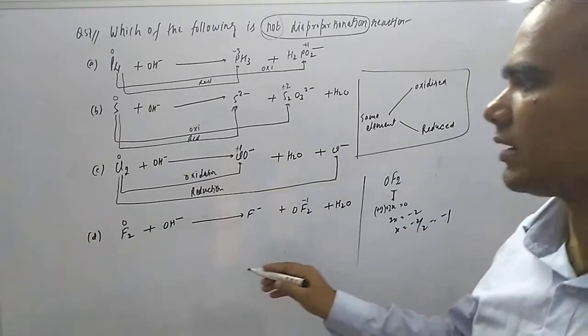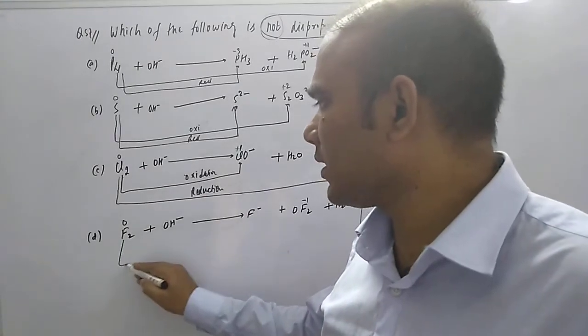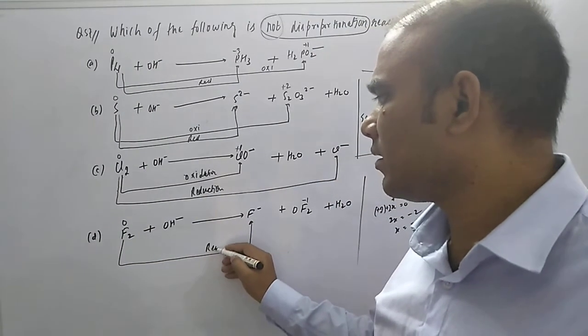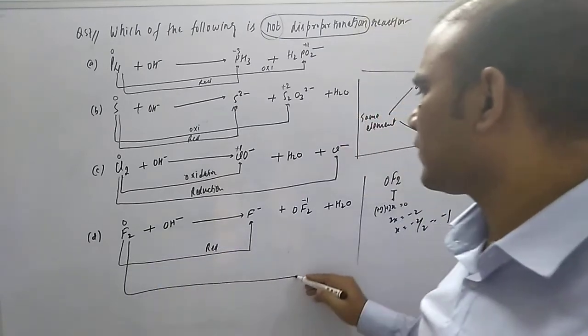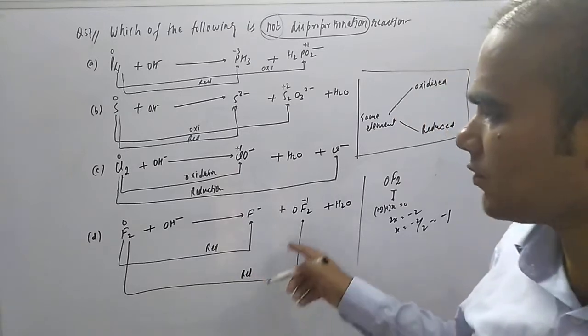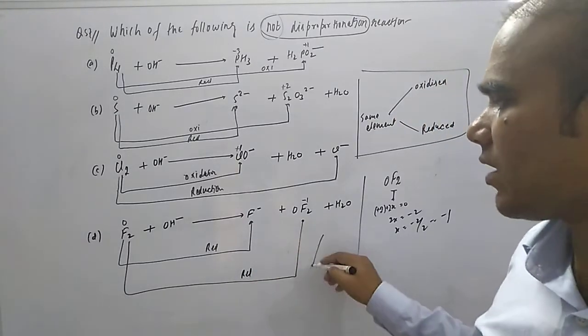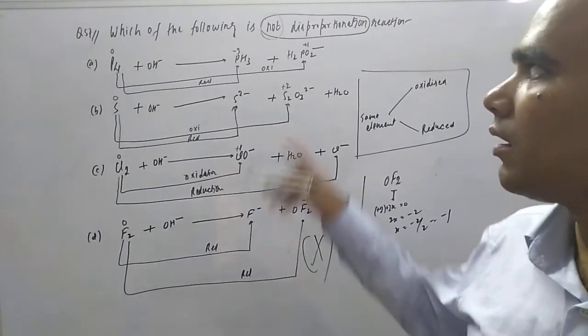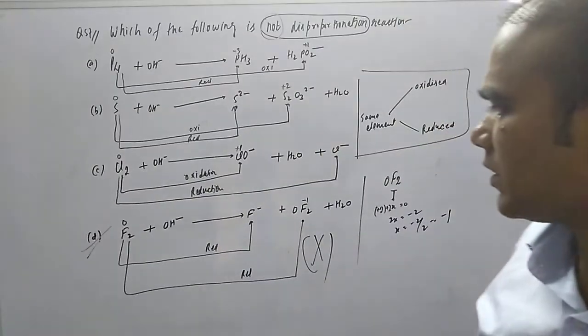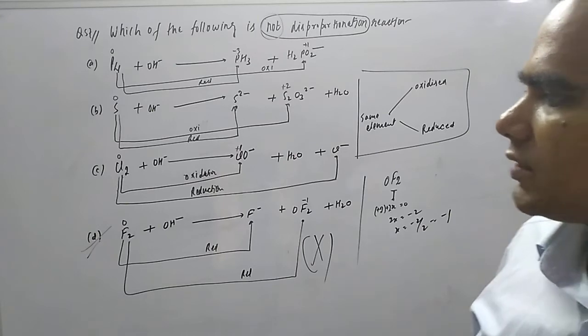So fluorine is going from 0 to -1, that is reduction, and fluorine is also reduced in the other case. So the same element is only being reduced, so this is not a disproportionation reaction. The correct option will be option D.